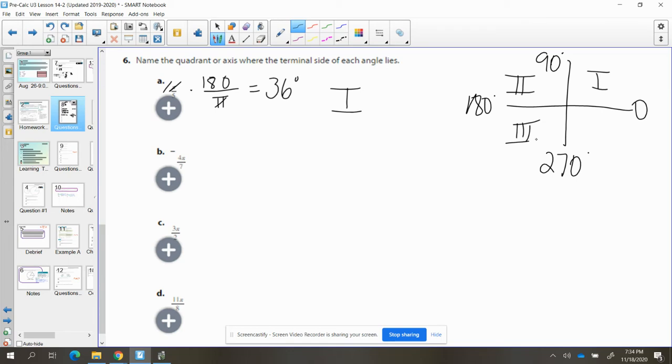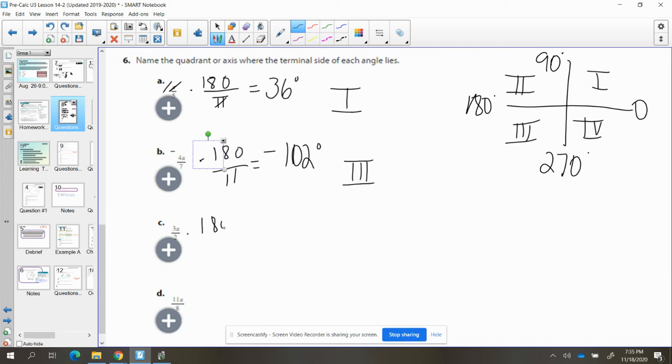Now the next one, they're giving us a negative value, negative 4 pi over 7, which again, if we convert with 180 over pi, we end up with negative 4 times 180 divided by 7, which gives us negative 102 degrees. So this is going to land us in quadrant 3.